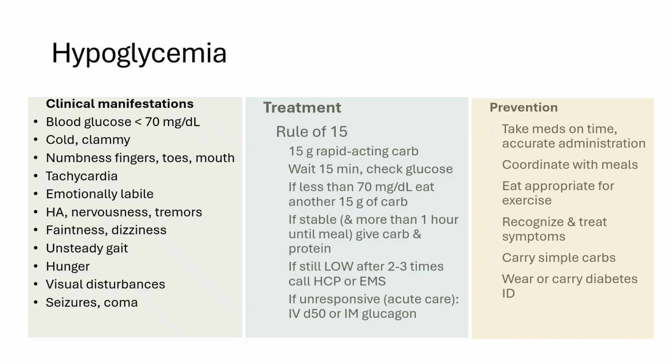If somebody is going to the gym, they need to make sure they eat adequate food. And make sure that they know how to recognize signs and symptoms of hypoglycemia. And I would also teach the family members. And then, of course, like I had said, to carry the simple carbs and wear and carry diabetes ID.